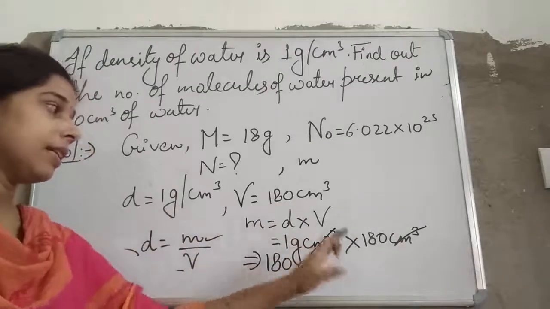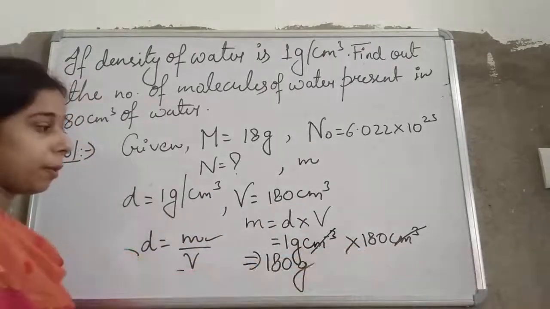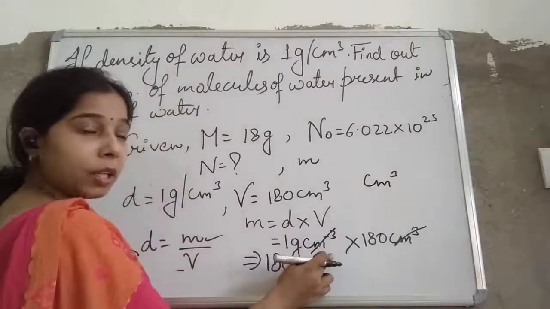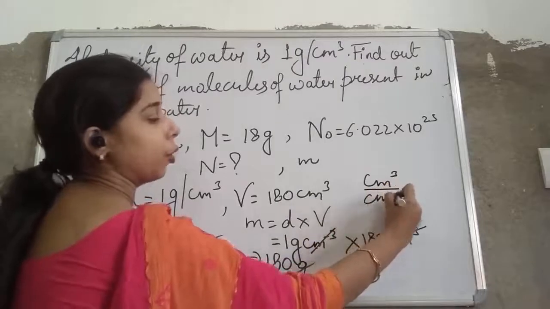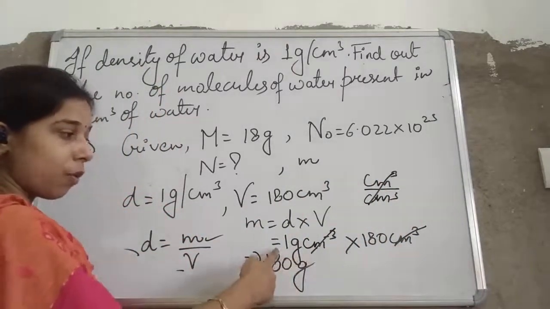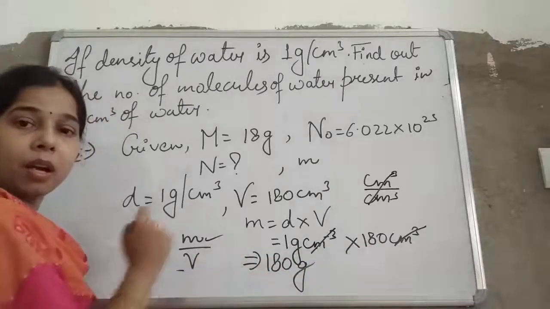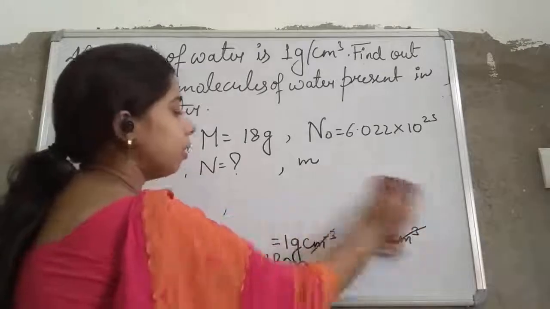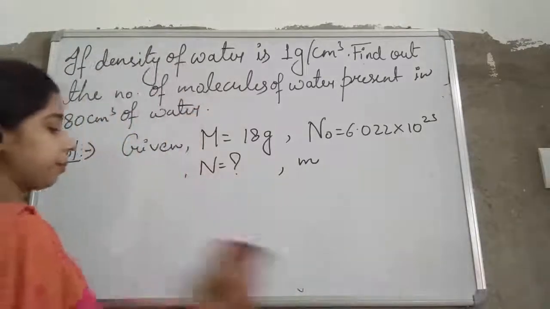Per centimeter cube means divided by centimeter cube, so they will cancel each other and only gram will be left. So 1 into 180 will be 180 gram, the mass of the given water.